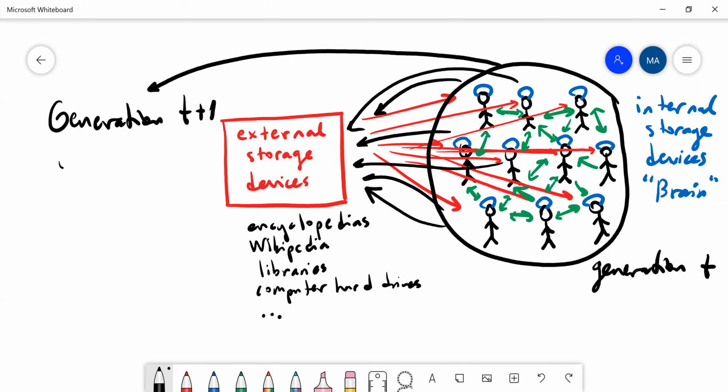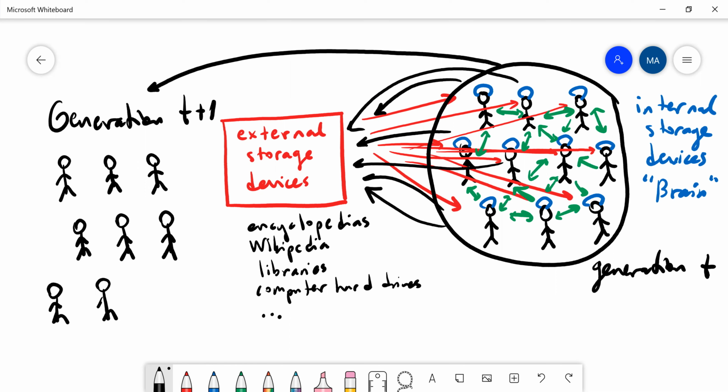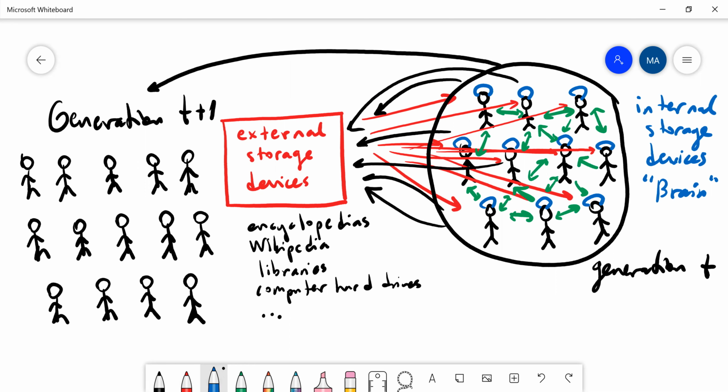Generation T plus 1 also has many, many members from different occupations, at different ages, different sexes, different dreams, different levels of intelligence, different levels of susceptibility to new ideas. And they have, of course, their internal storage devices.